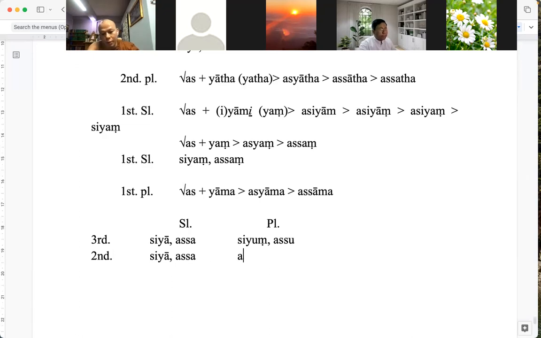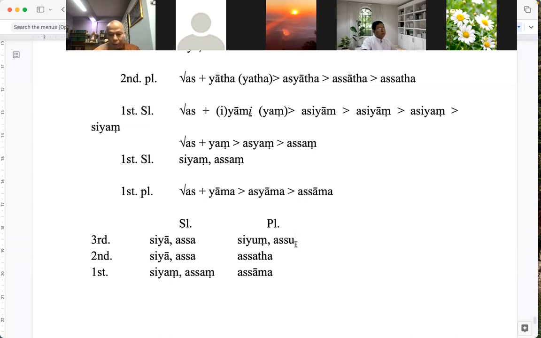And for second person plural, only a single form, asata. And the first person singular, so CM, SM, and the single form is asama in this way. Siya, asa, siyu, asu, siya, asa, asata, CM, SM, asama.